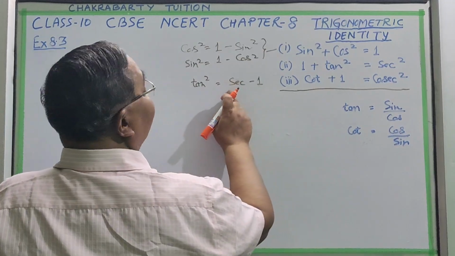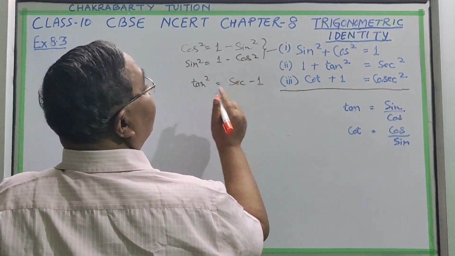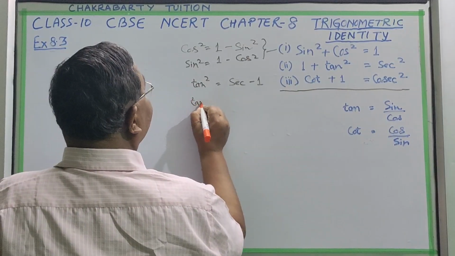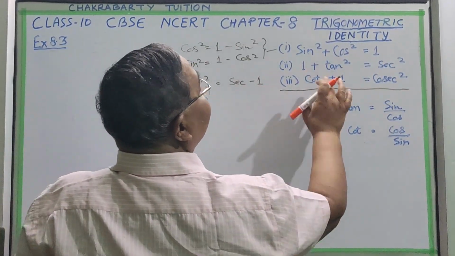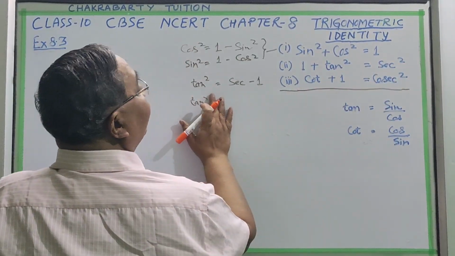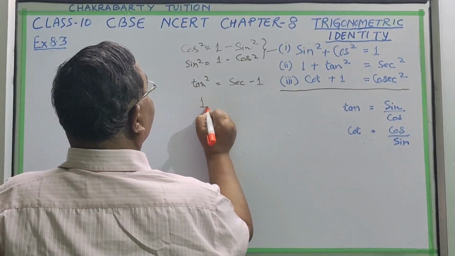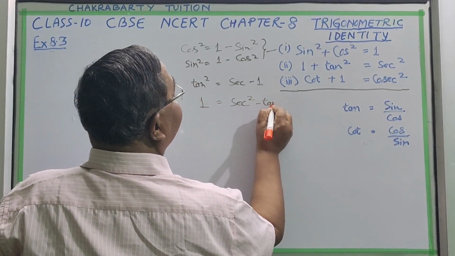Then here, suppose you want sec square, the other you can make is with tan square. You bring this tan to that side, so 1 equal to sec square minus tan square.